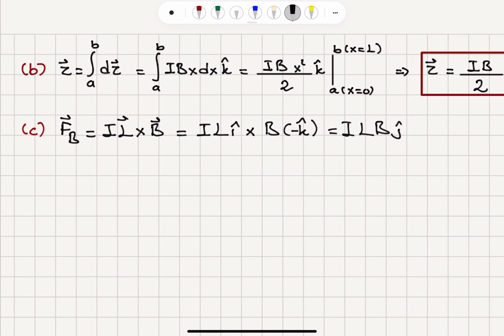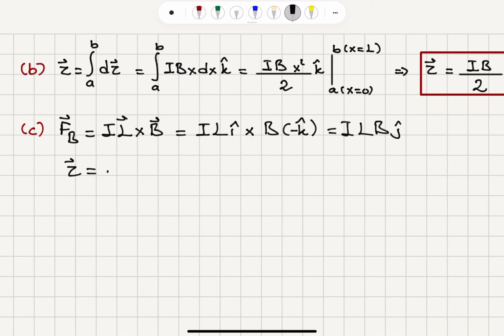The torque is acting at the midpoint, so it is R cross F. Now R is L over 2 i hat, that's the midpoint, cross with I L B j hat.